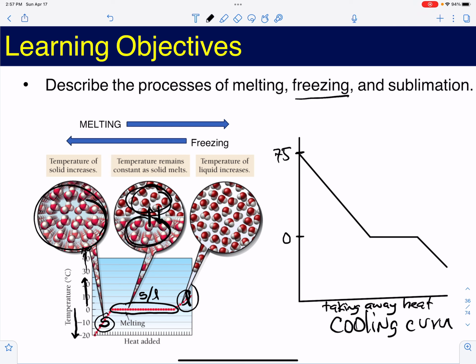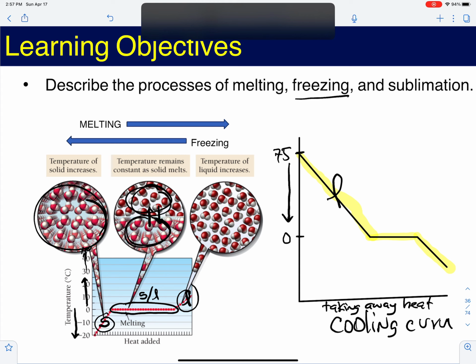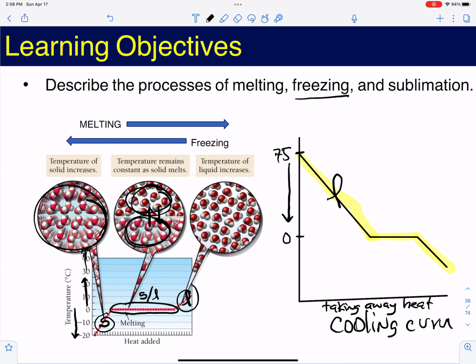So the temperature is going down, which is what we see here. So all this is liquid, all this is solid, and this is the perfect balance between liquid and solid.